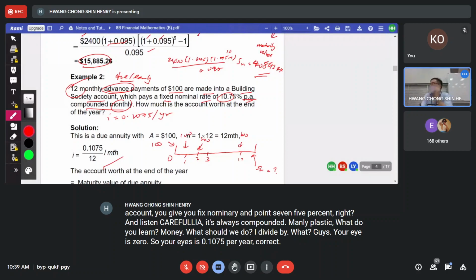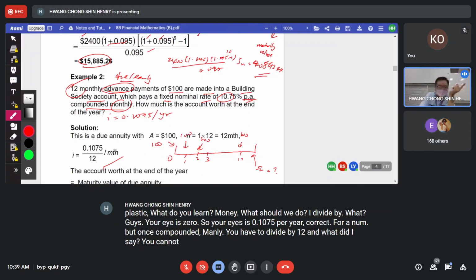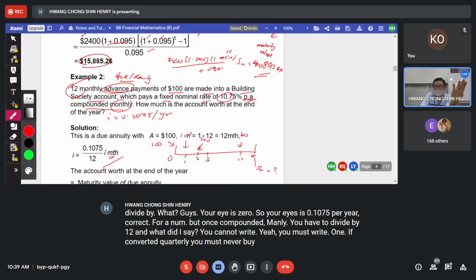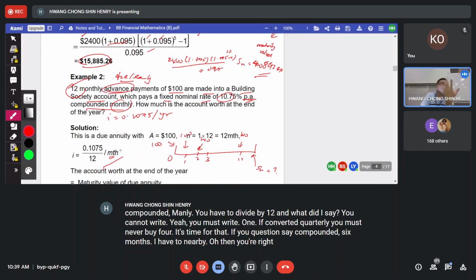Per annum. But once compounded monthly, you have to divide by 12. And what did I say? You cannot write year, you must write per month. If compounded quarterly, you must divide by 4, and write per quarter. If the question says compounded every 6 months, I divide by 2, then you write per 6 months.